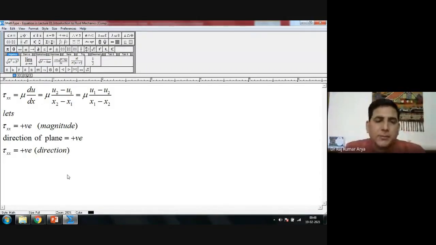Suppose these signs are not matching: either this is minus, or that is minus, or this is plus and that is minus.